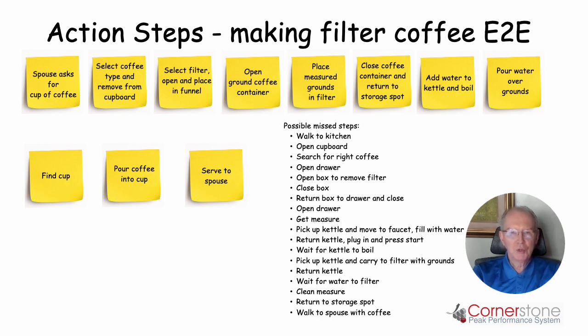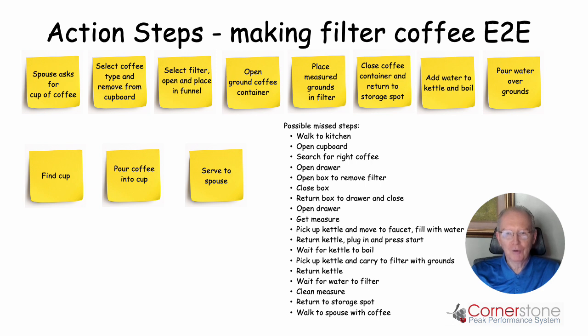So while I showed you the high-level action steps, in each one of these steps there are actually other steps that go into it. So if I had to map out this process fully, I would have to include that you walked to the kitchen, you opened a cupboard, you searched for the right coffee. Maybe that entailed moving some things out of the way or picking up several things till you found the right coffee.